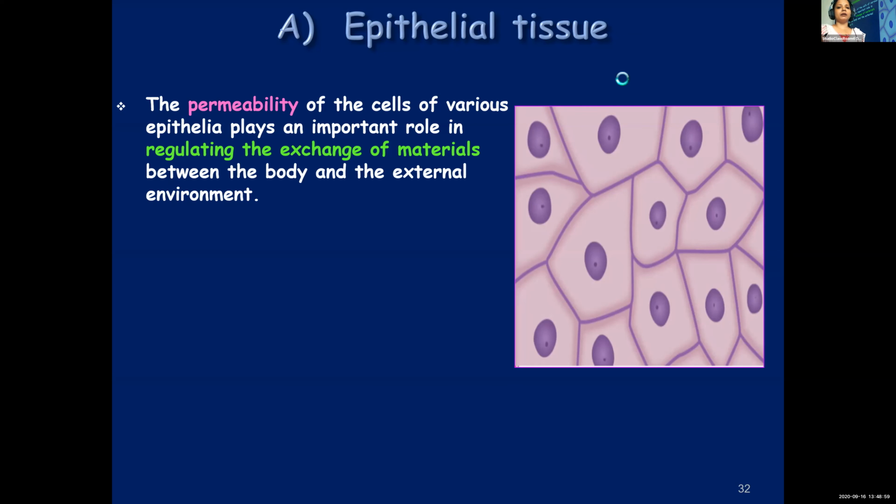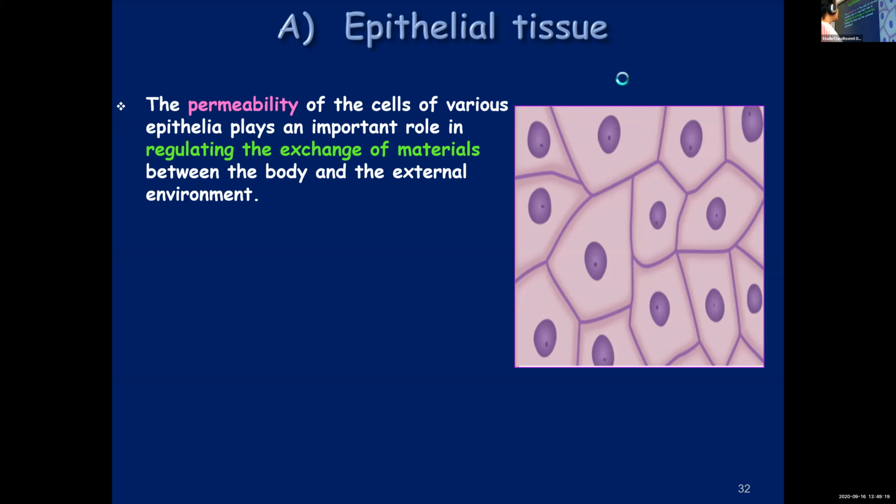So the permeability of the epithelial cells plays a very important role in the exchange of materials. Because if the epithelial cells are not permeable, materials cannot enter, because they form the outermost covering of our body and organs.